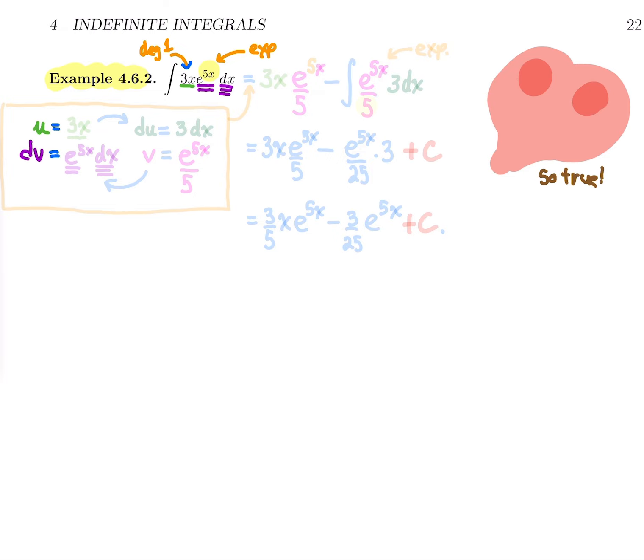And here I'm going to use an approach very similar to the previous example. I'm going to use the polynomial for the function inside u, and I'm going to use the exponential function again for the function inside dv. And remember, the differential term dx is always, for every single by parts question, paired with dv.